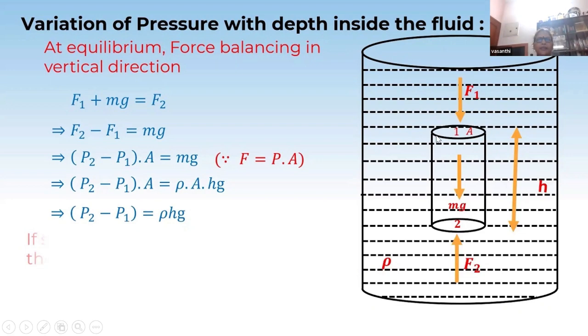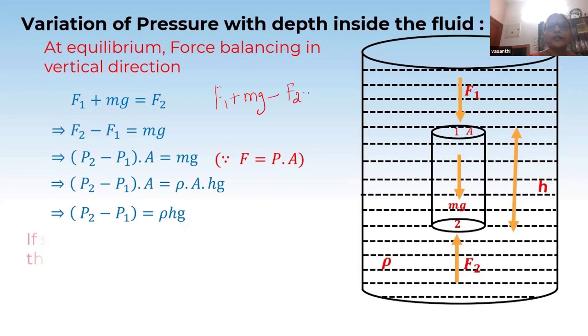If you consider a liquid cylinder here, the weight of the liquid cylinder acts in the downward direction. So the upper force F1, exerted by the upper part of the liquid, and the weight of the liquid should be equal to the force exerted by this part of the liquid on the lower surface. Add all the forces: F1 plus mg minus F2 must be equal to 0, because F2 is acting in the upward direction.